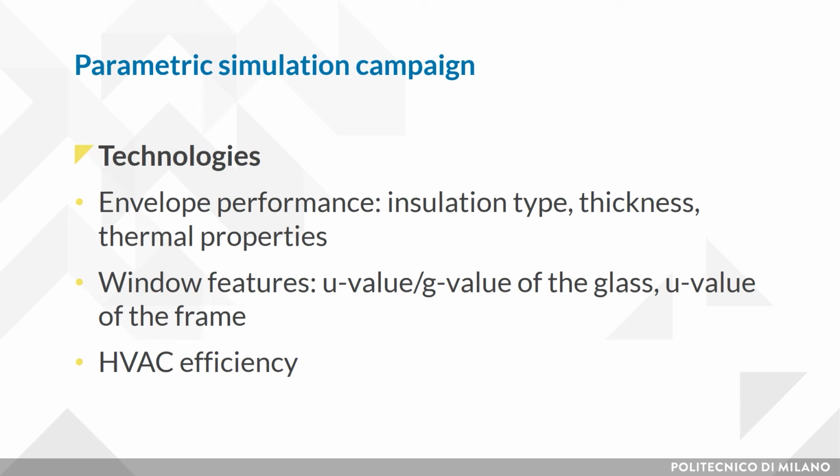For the window system, we can consider the thermal transmittance and the G value of the glass, and also the thermal properties of the frame. And concerning the heating, ventilation and air conditioning system, we can consider different values for the efficiency of the system itself and the relative subsystems.